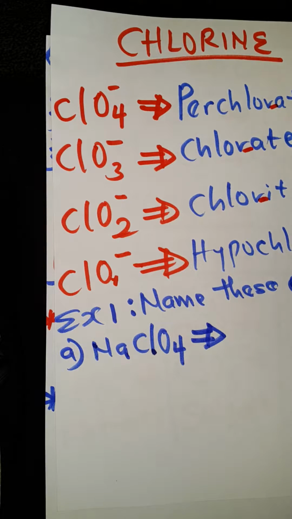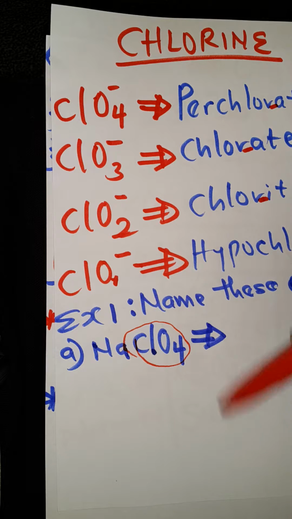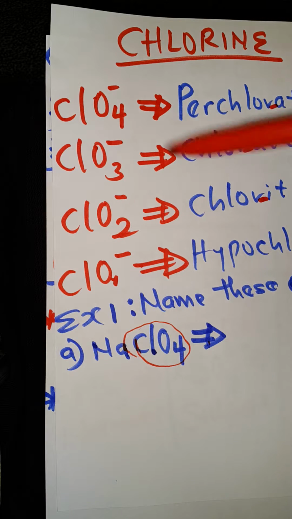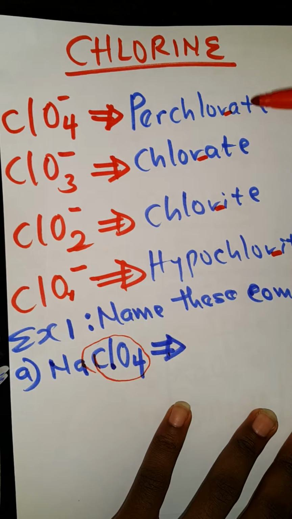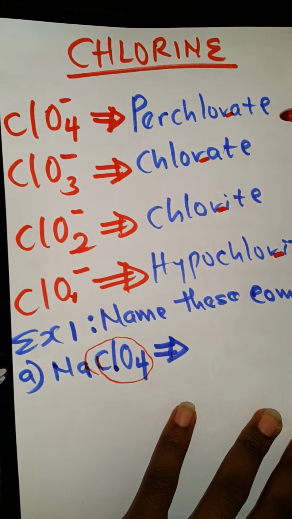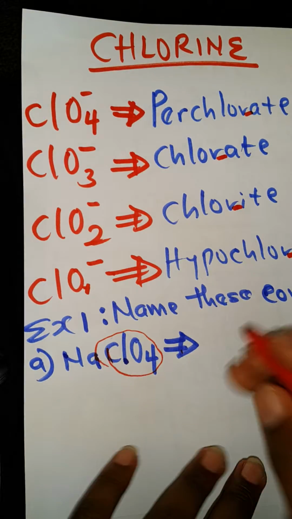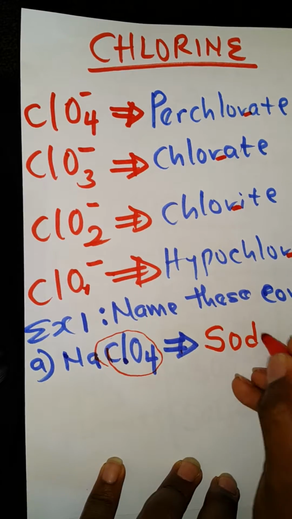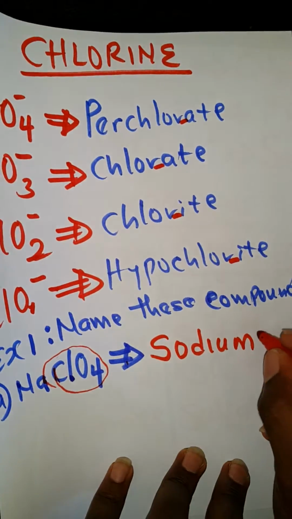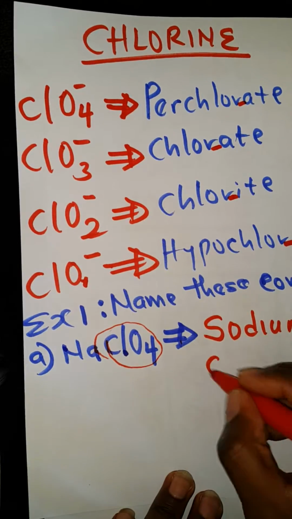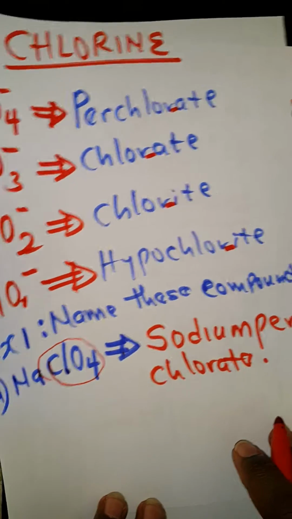The first thing you have to do is look at this ClO4. Where is ClO4 here? Our ClO4 here is perchlorate. Na is sodium. So you just write sodium perchlorate. It's as simple as that.